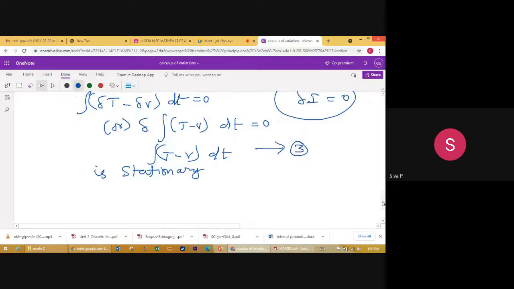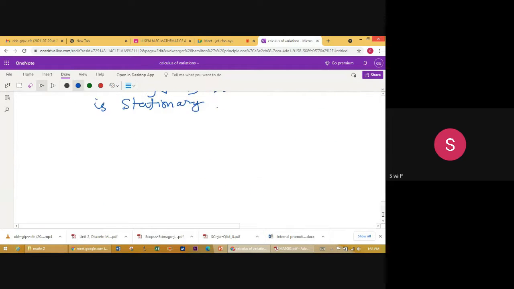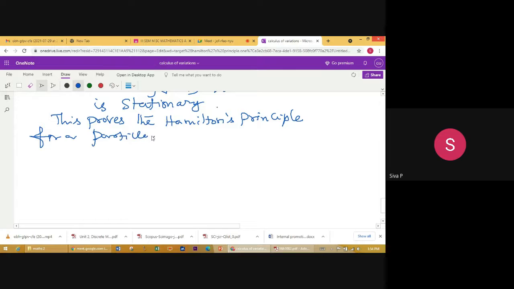So this proves Hamilton's principle for a particle.